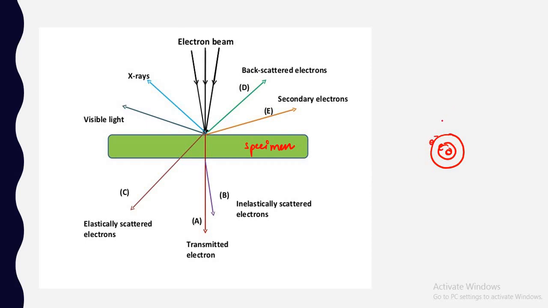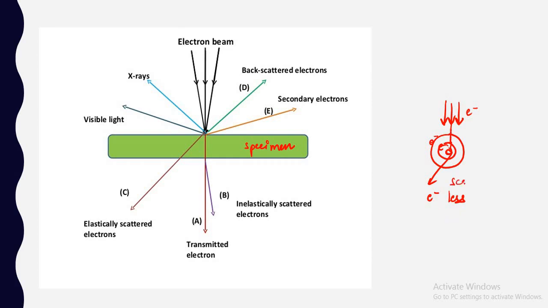So when the beam of electrons is passing through this specimen, the electrons which pass through the nucleus will scatter less. Since the nucleus is positively charged, they will scatter less.